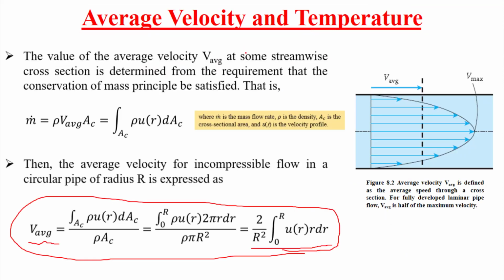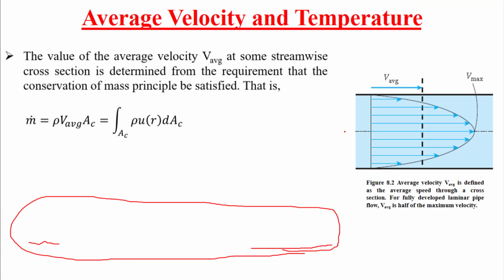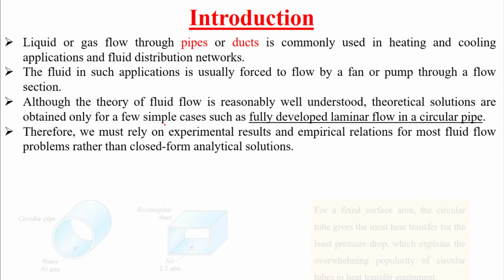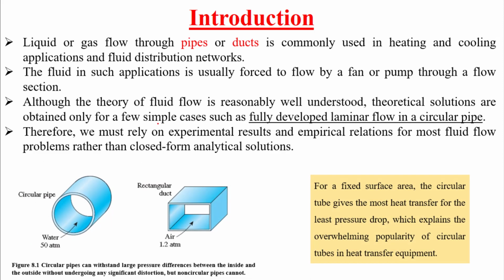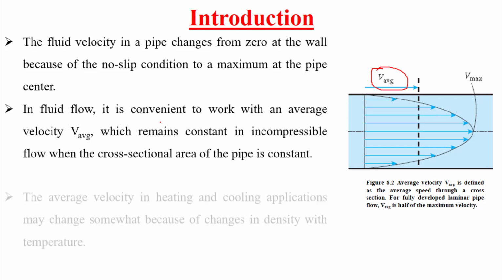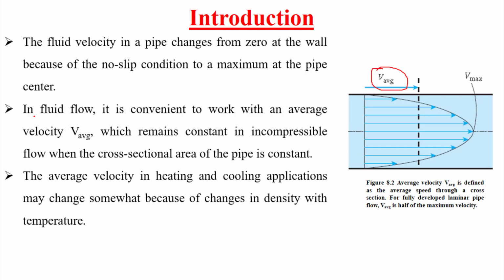Velocity, the average velocity remains constant. I think I mentioned this information in the previous slide. I'm not sure where I mentioned it, but it remains constant along the pipe. And remember that we mentioned, so yeah, here it is: the average velocity remains constant in incompressible flow when the cross-sectional area of the pipe is constant.